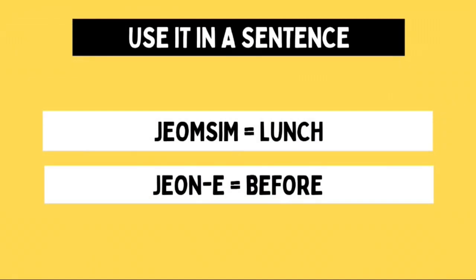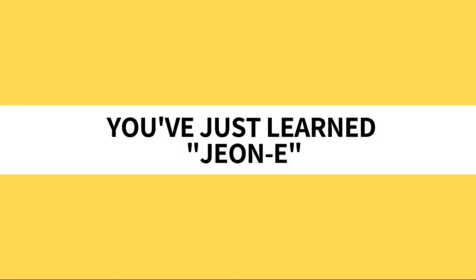And 전에 is our word for today. And we already know that this is used to say before or formerly. So when we say 점심 전에, we are trying to say that an action should be done before lunch. Or we are talking about any schedule that should happen before lunch. So 전에 means before or formerly. And with that, you've just learned 전에.